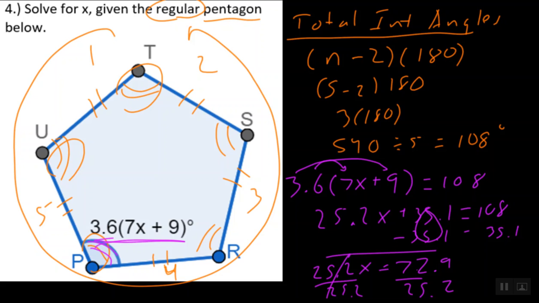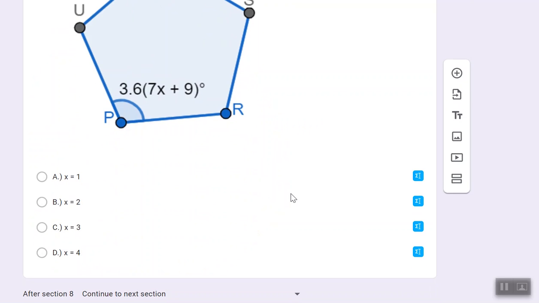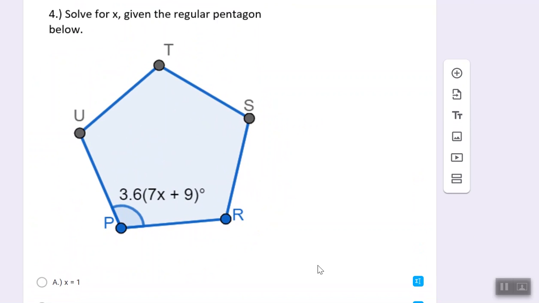I said the wrong thing. 72.9 divided by 25.2 will give us 2.89. Now, I could be wrong. I want to check something. 2.89. I think I might have done my math wrong when I made the answer choices here. Yeah, so I'll go ahead and I'll fix that.